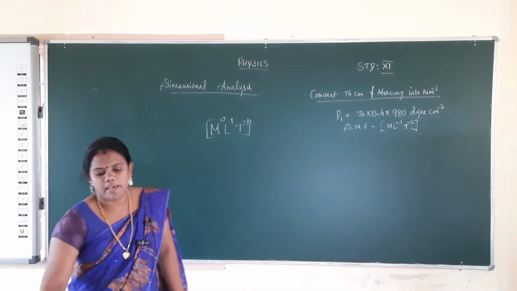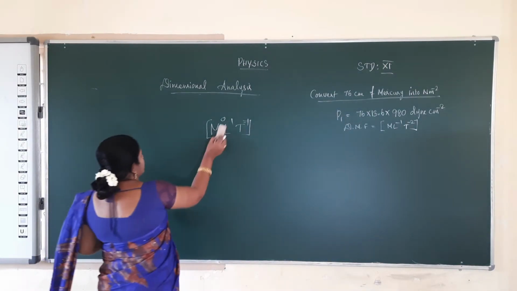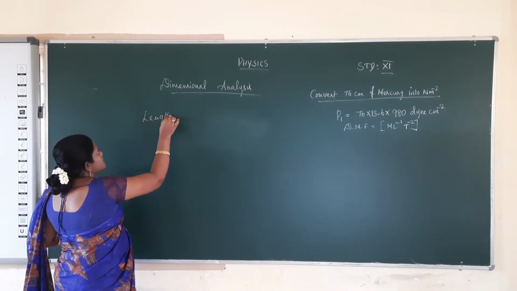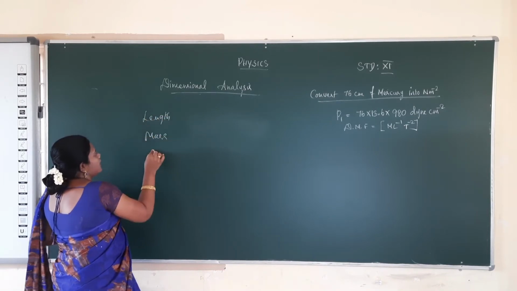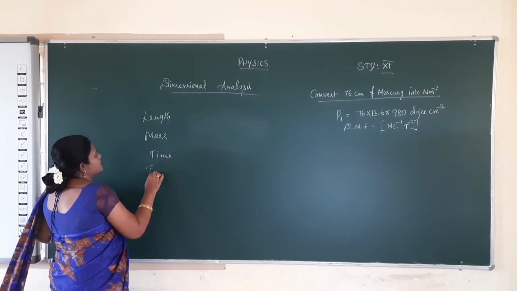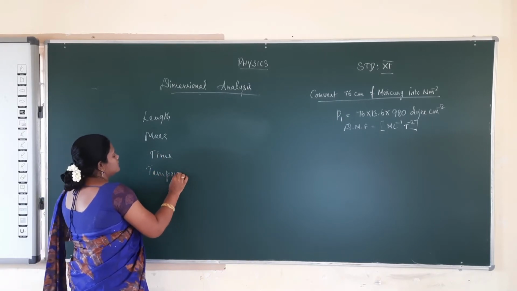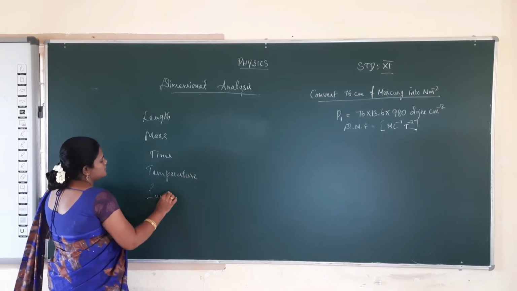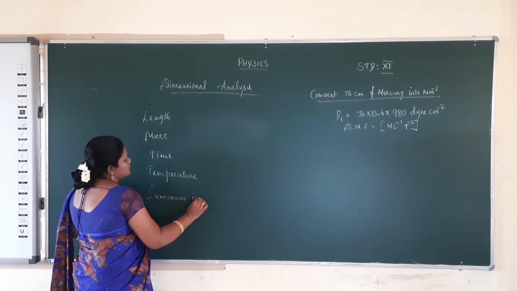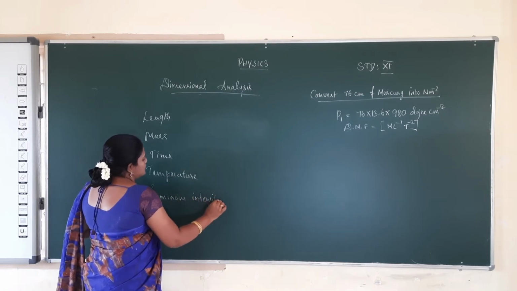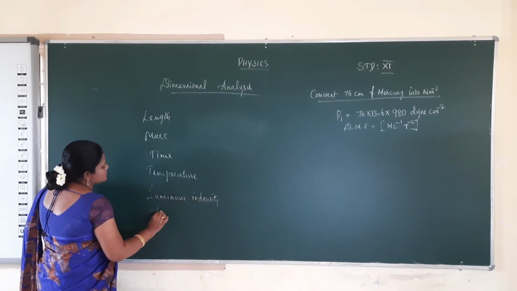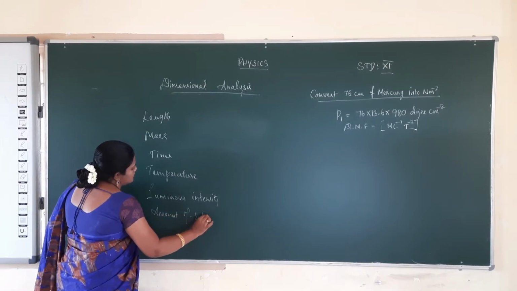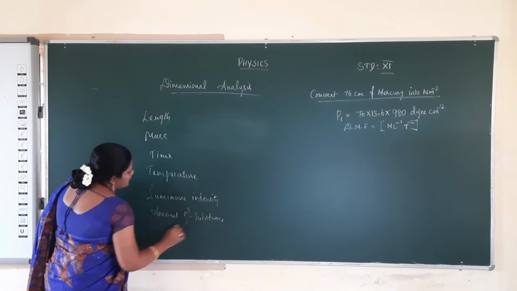Okay, what are the basic physical quantities? That is length, mass, time, temperature, luminous intensity, amount of substance, current.